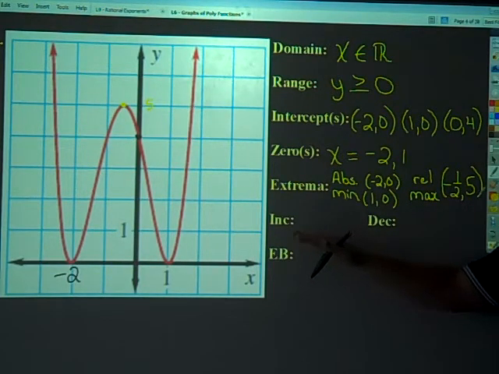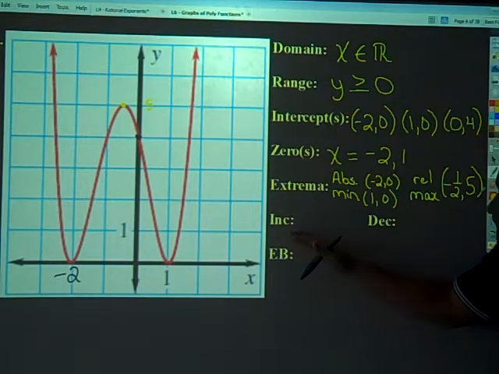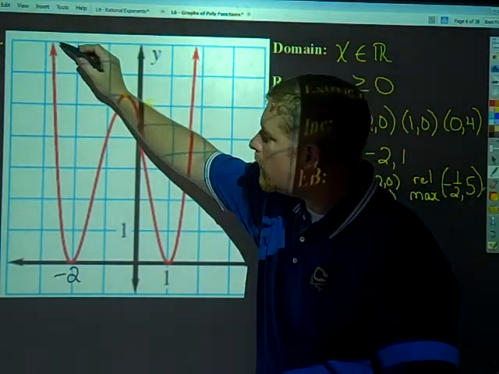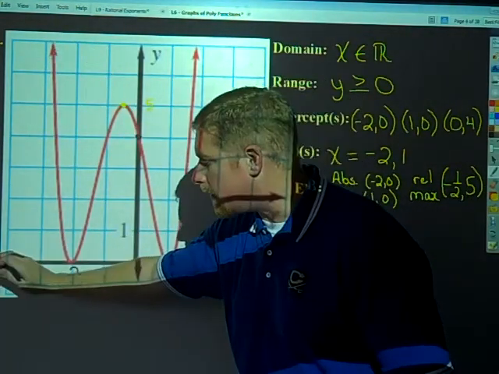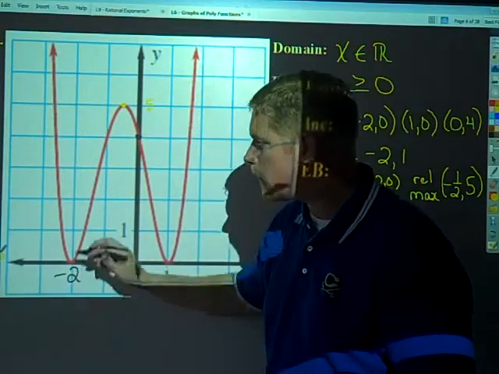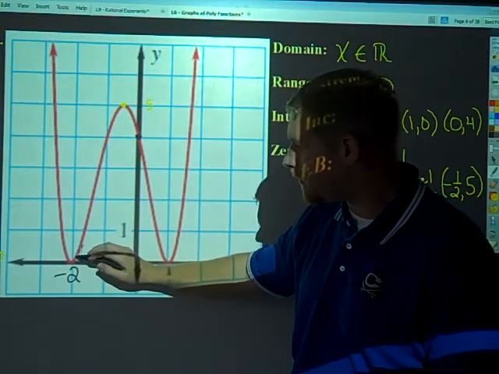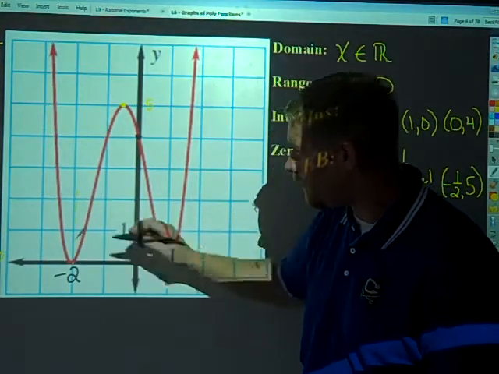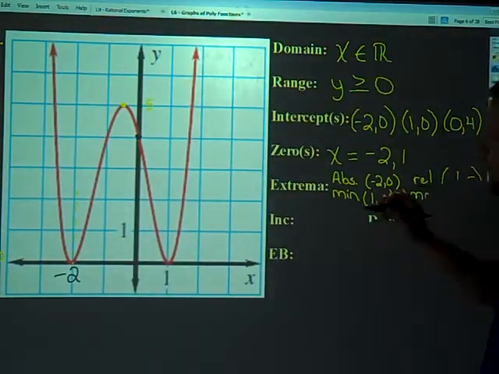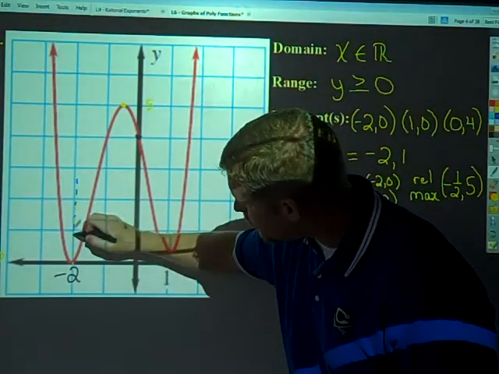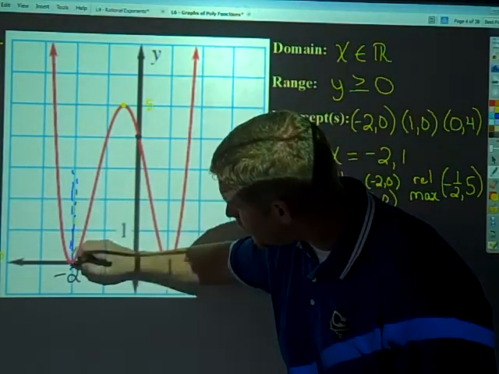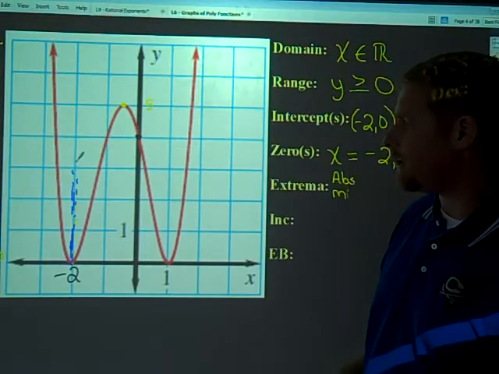Now let's move on to our intervals of increase and decrease. When we start out our function from negative infinity, we notice that our function is heading down, it's decreasing, until it gets right here at negative 2. I'll just draw my little line to where I'm changing my direction for my interval.